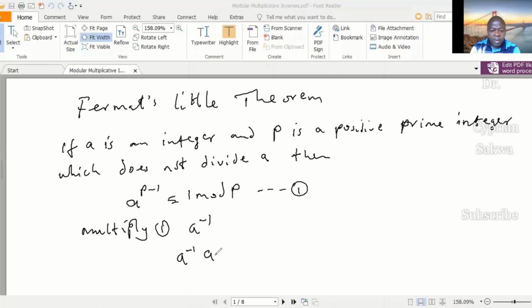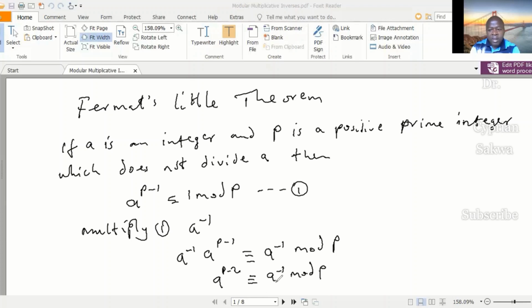So A times A raised to P minus 1 is congruent to the inverse of A mod P. What you notice is that these are indices with the same base, so we would have A raised to P minus 2 being congruent to the inverse of A mod P.